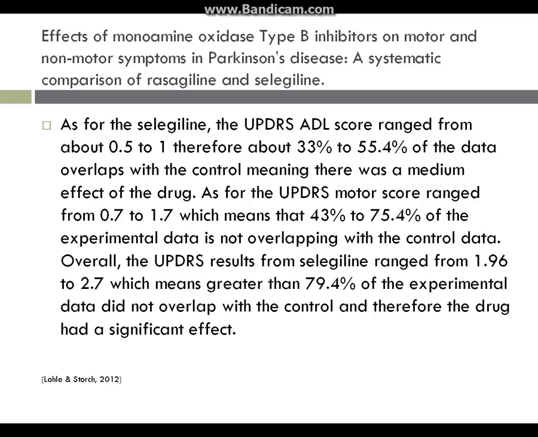As for the UPDRS motor score ranged from 0.7 to 1.7, which means that 43% to 75% of the experimental data is not overlapping with the control data. So overall, the UPDRS results from selegiline range from 1.96 to 2.7, which means greater than 79.4% of the experimental data did not overlap with the control, and therefore the drug had a significant effect.